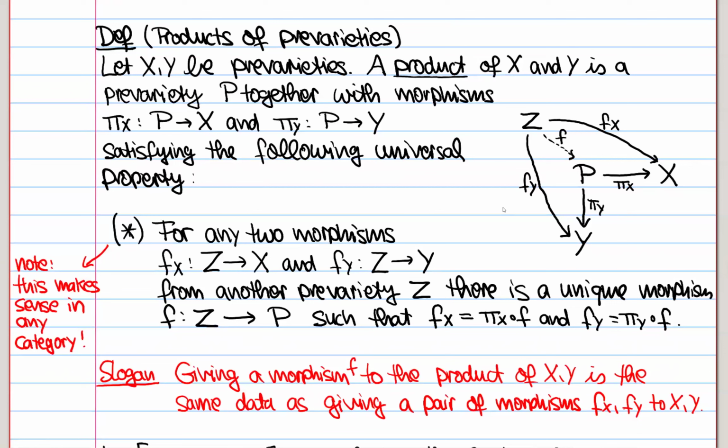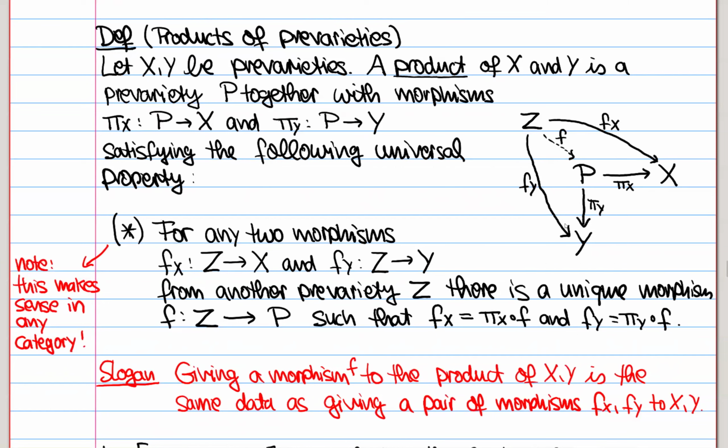And they should satisfy a universal property, namely, for any prevariety Z and morphisms f_X and f_Y to X and Y, there's a unique morphism f from Z to P, such that this diagram commutes, such that if you first go f and then pi_Y, you get f_Y, and f composed with pi_X gives you f_X.